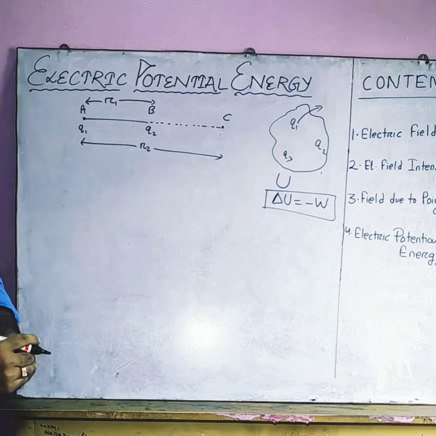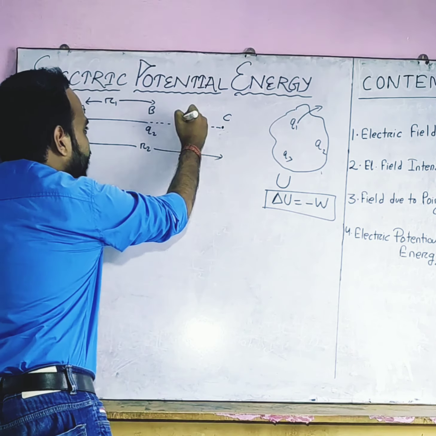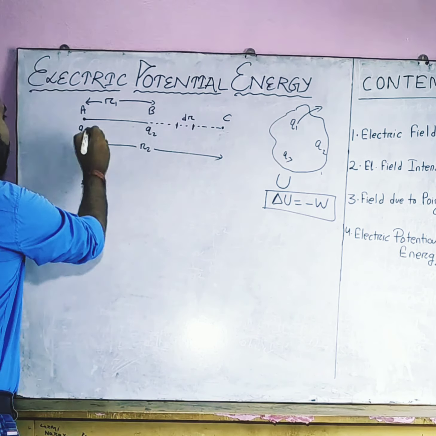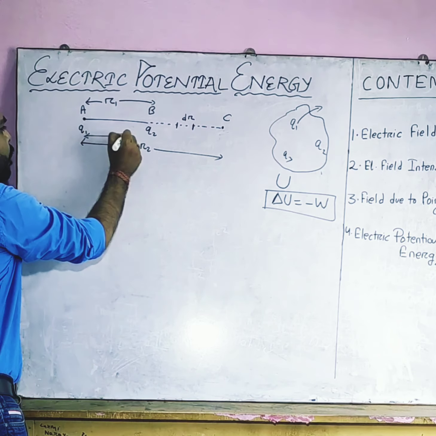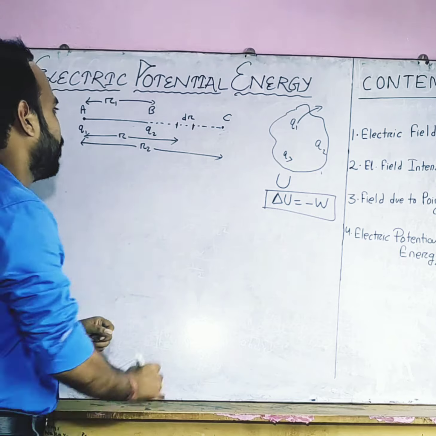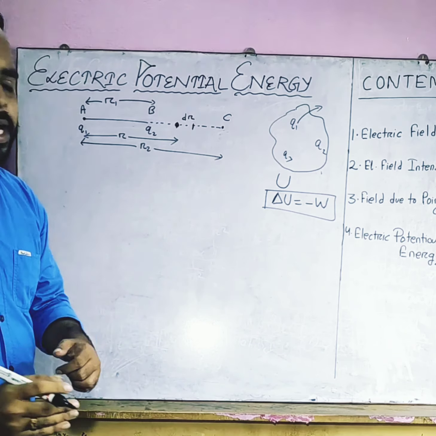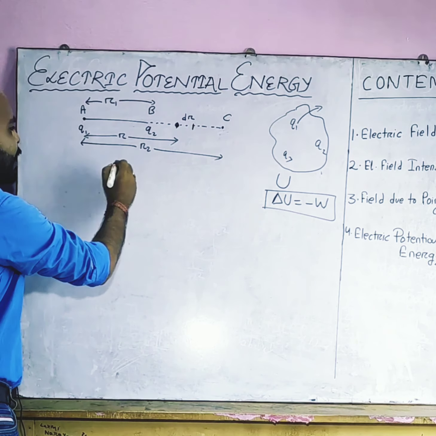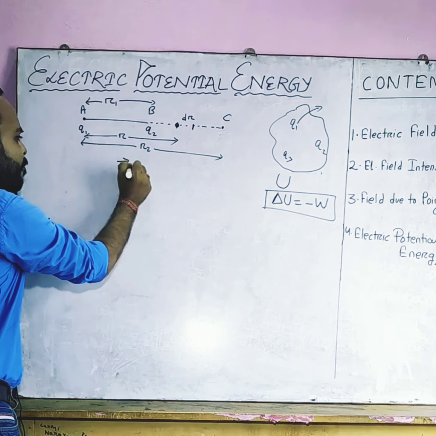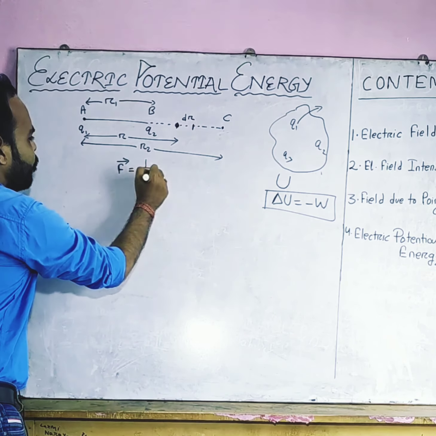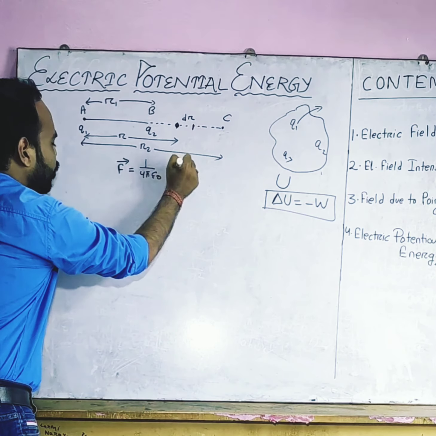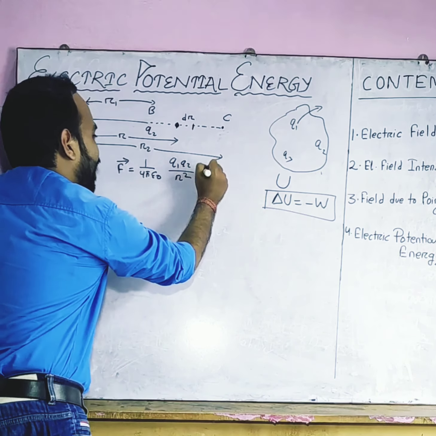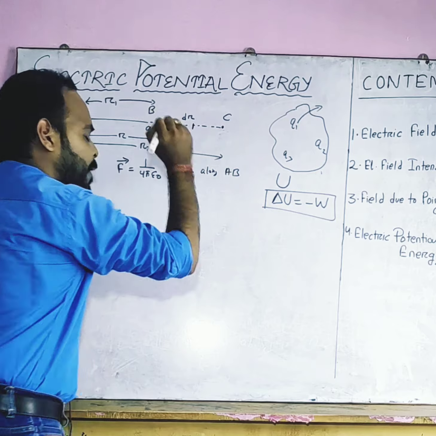In the movement, let Q2 suffer a very small displacement dr, at a distance r from point A. Now, at this position, Q2 will experience a force. The magnitude of this force is given by F vector equals 1 by 4 pi epsilon 0 Q1 Q2 divided by r square, according to Coulomb's law, along the direction AB.